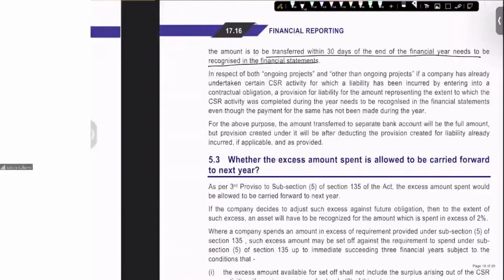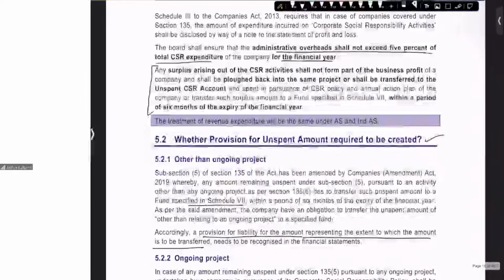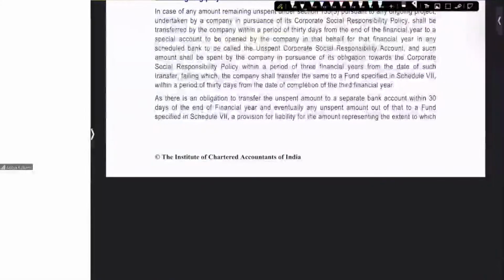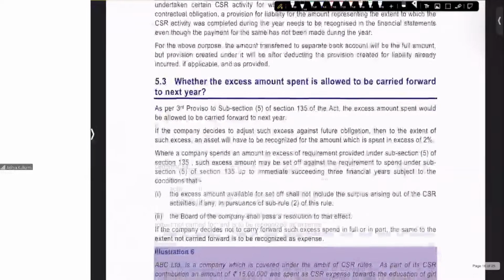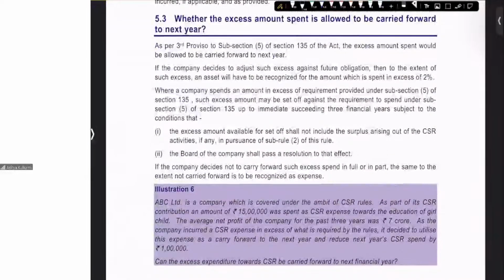So therefore, you will have to create a provision. Answer is yes. Whether it is ongoing or otherwise, you have to create the provision. There is an obligation to transfer the unspent amount to a separate bank account, and therefore recognize the provision. Is it okay? Yes.